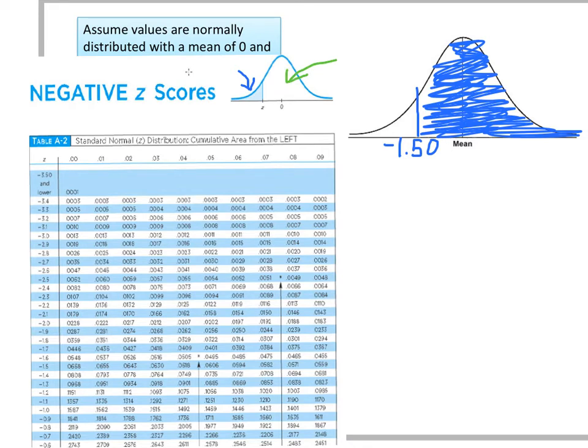That's not a problem. Let's look up the area in the tail. We need negative 1.50. So let's come down here to negative 1.5 and come over to 0.0. So it's 0.0668. So the area right here is 0.0668.